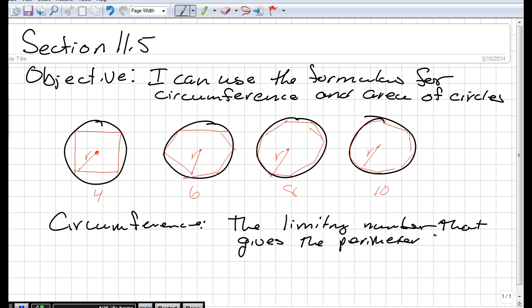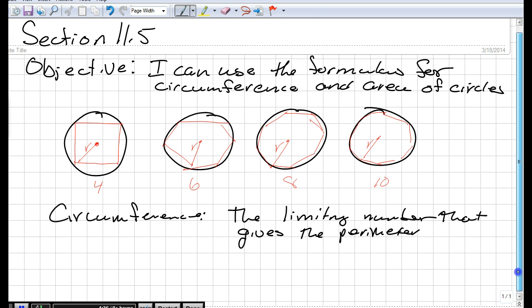Okay, so remember, circumference is the name for perimeter when we're talking about circles. And area is basically the same idea: the area of the polygon that fits inside the circle that makes it pretty much look like a circle.